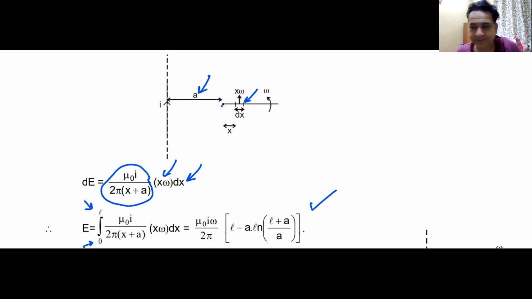Do we understand this? So I would request you to draw the diagram and write the result so that if this comes, you would be able to remember it. Got it now?